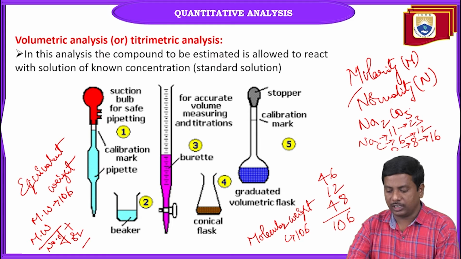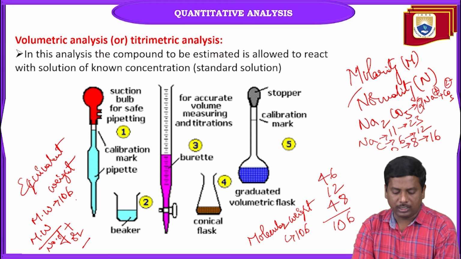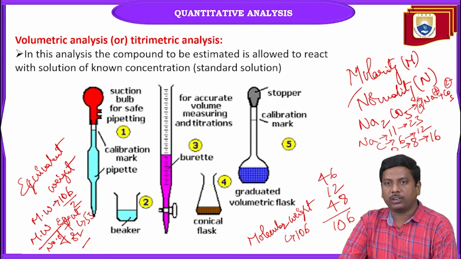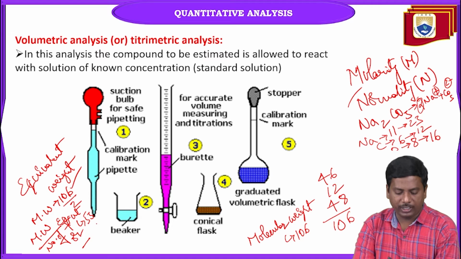In the given salt, if you observe, there are 2 moles of sodium plus and CO3 2 minus, so there are 2 cations or 2 anions. That's why we take the molecular weight 106 by 2, and we get the equivalent weight, which is exactly 53. So the molecular weight is 106 and the equivalent weight is 53.